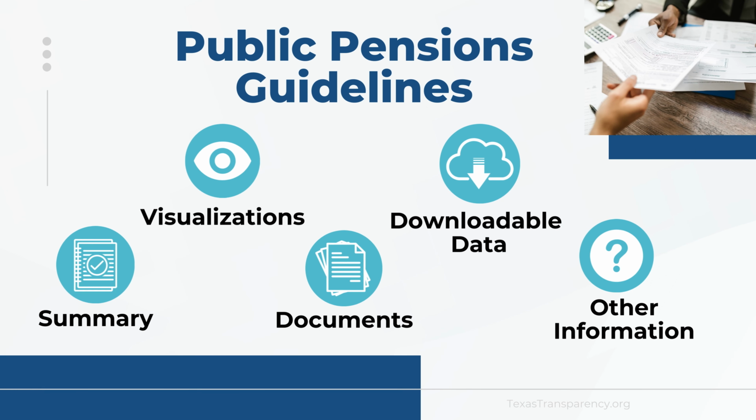Efforts to enhance public pension transparency have been gaining momentum in recent years amid concerns regarding actuarial practices and plan solvency. House Bill 3310, passed in the 84th legislative session, for example, increases accountability among public pension plans exceeding $100 million in asset value.